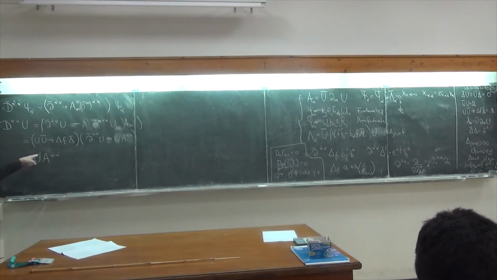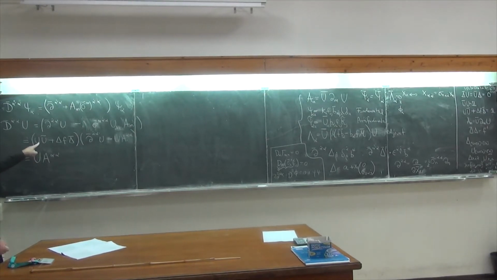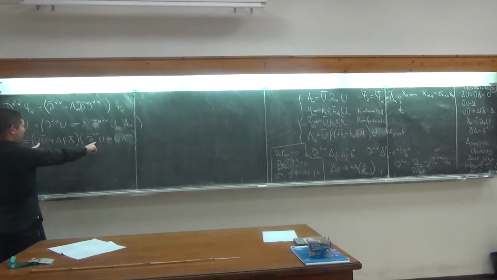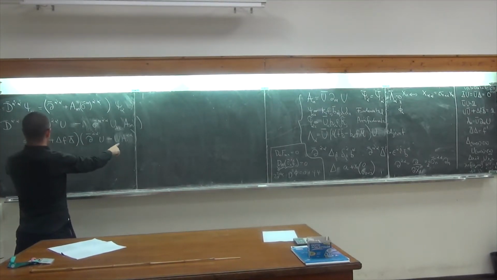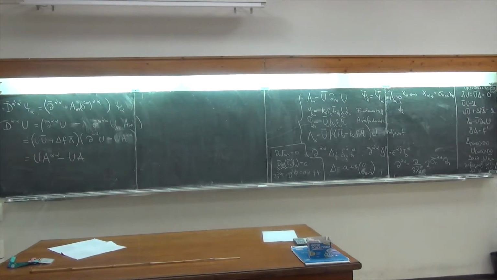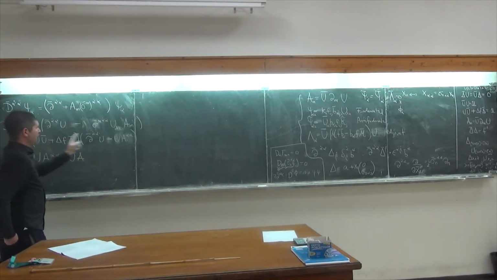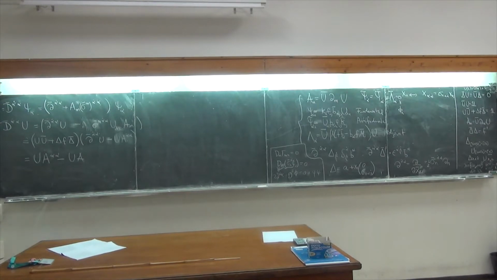Now, this term with this term is U times A, while this with this, U bar times U is 0, it's minus U times A. So these two terms cancel. Okay? This term with this, and this term with this, cancel.